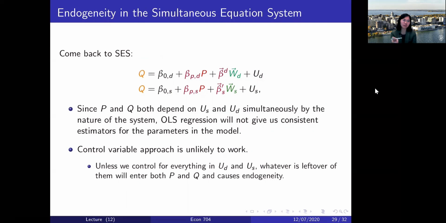Because whatever you condition on, as long as there is some randomness of UD left after you condition on that variable, that randomness still enters the generation process of P and makes P endogenous. So control variable approach is typically not working for simultaneous equation system.